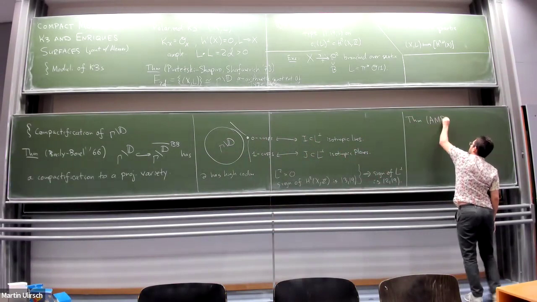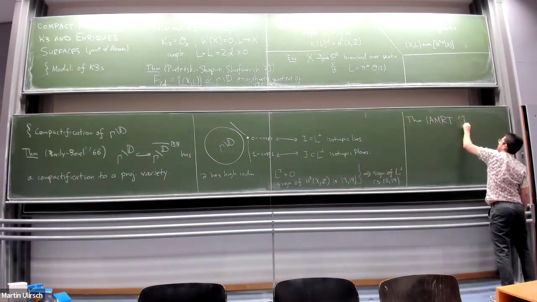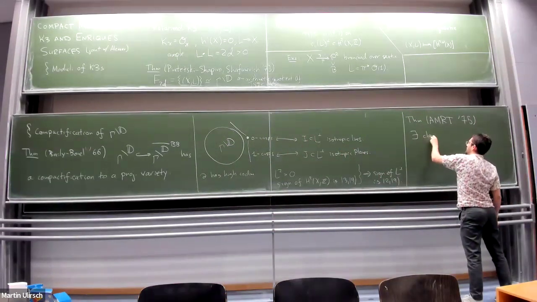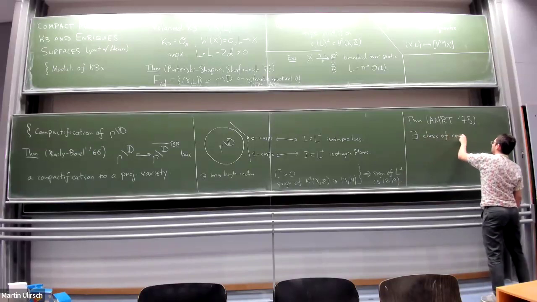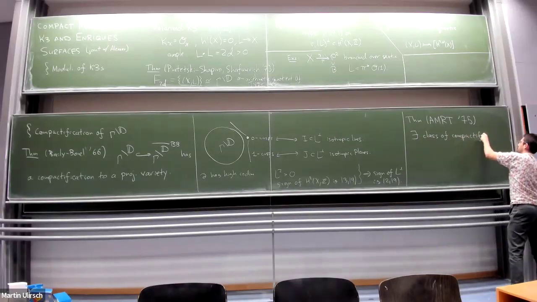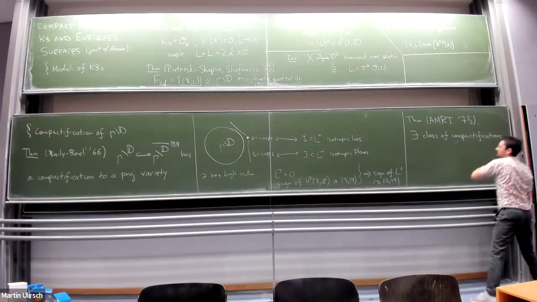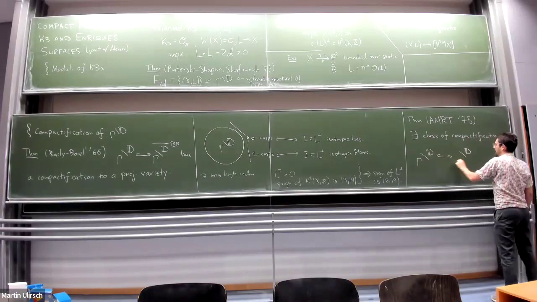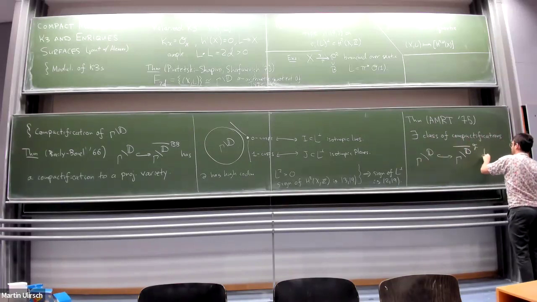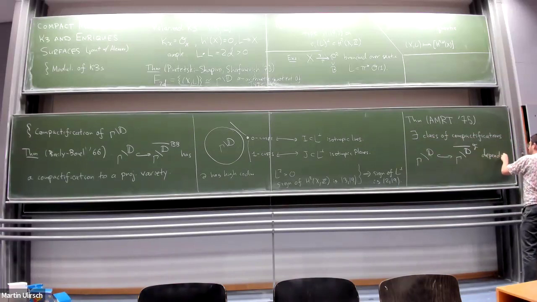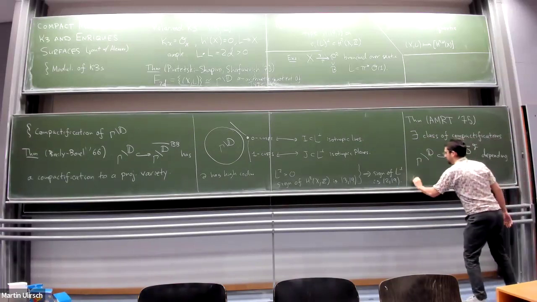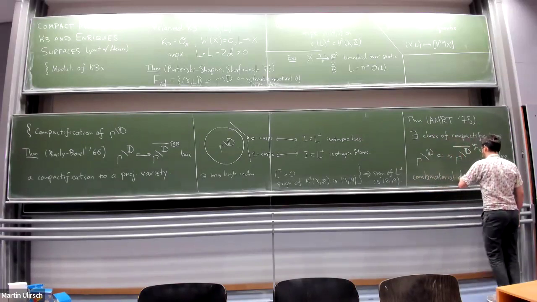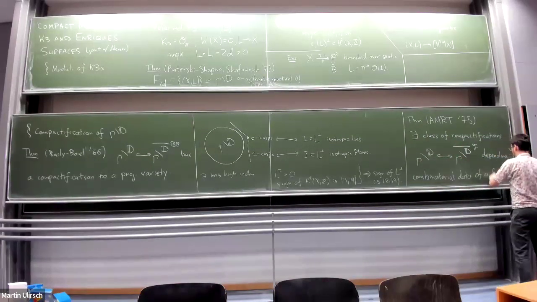So I want to discuss the toroidal compactifications. These are due to Mumford and his collaborators, Ash, Mumford, Rapoport, and Tai. So there exists a class of compactifications, let me write it as D mod gamma bar, depending on certain combinatorial data of a fan.